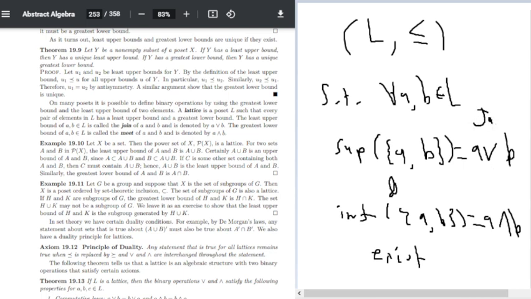I'll note this here because I'm not used to this terminology: this is called the join, and this is called the meet. And there will be no justification for this terminology set theoretic wise, which I imagine it will give.